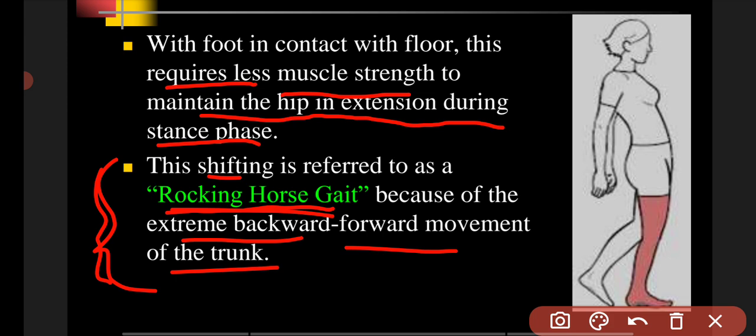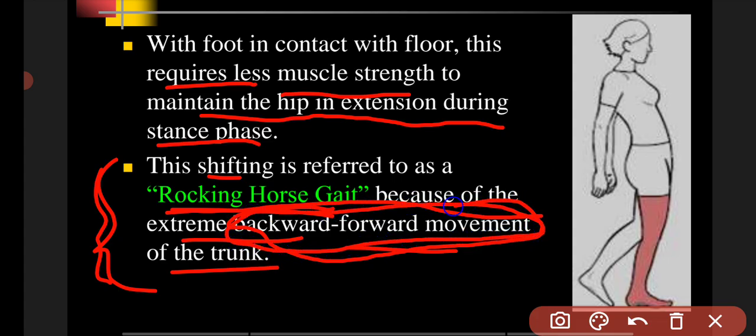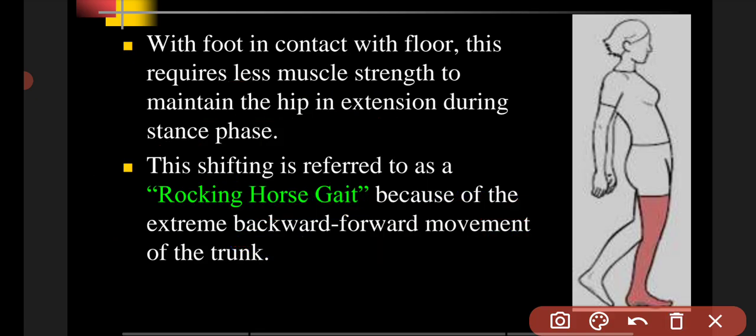You will normally see rocking backward and forward movement in a horse. So, rocking horse means running horse. This gait is also known as the rocking horse gait.